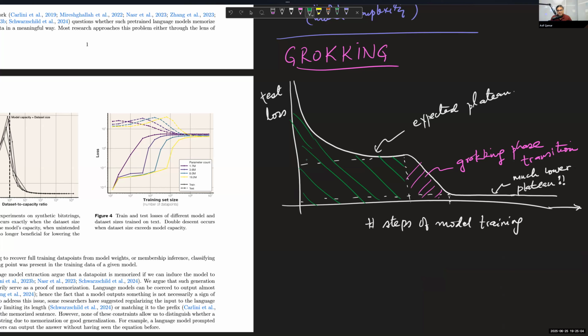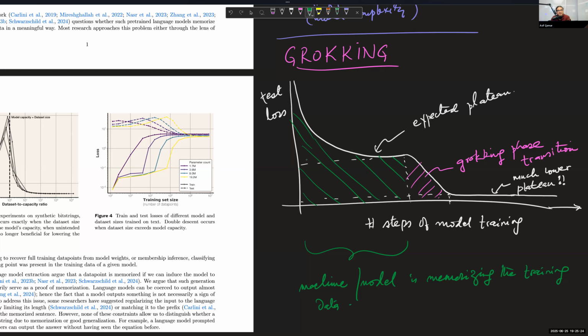In this regime of model training, what is happening is the machine is memorizing. Machine or model is memorizing the data, the training data.